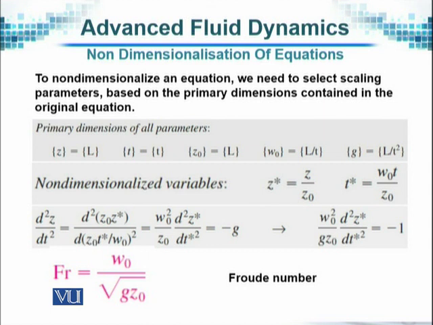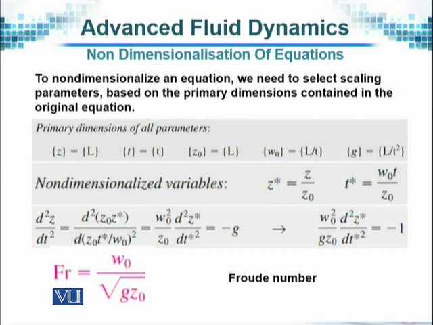Similarly, the velocity W, or if it is V, has the dimensions of x over t, where x is the distance divided by t, the time, and distance has the dimensions L, length, and time has the dimensions of time, so they will be denoted by W0.